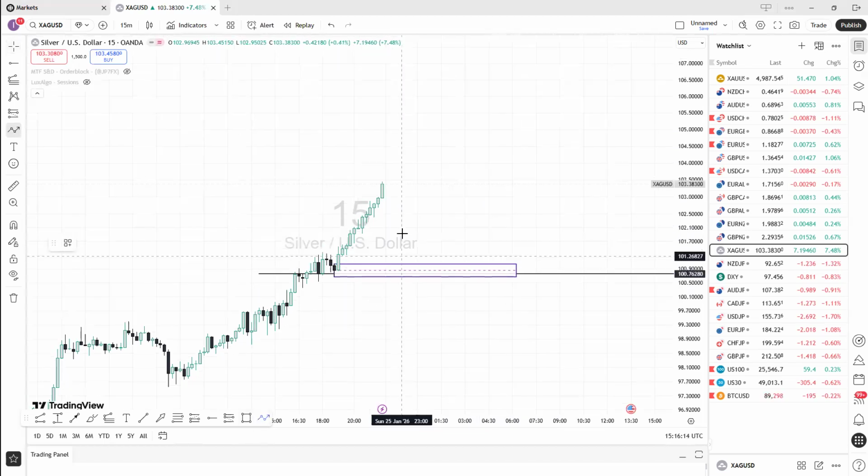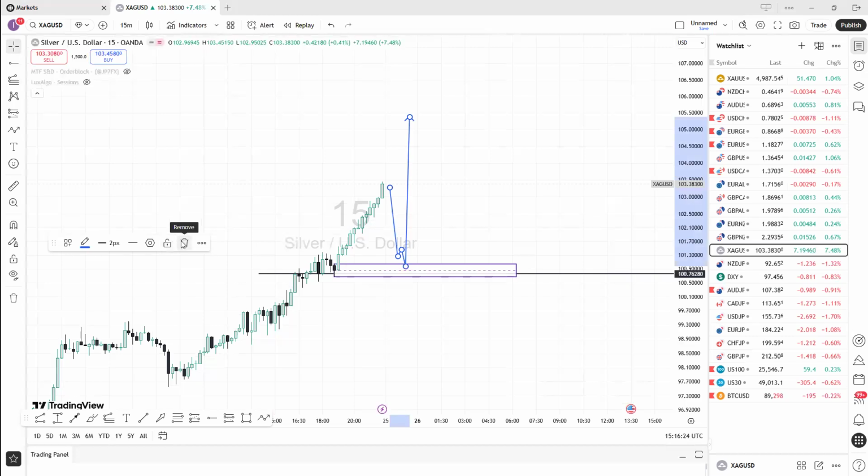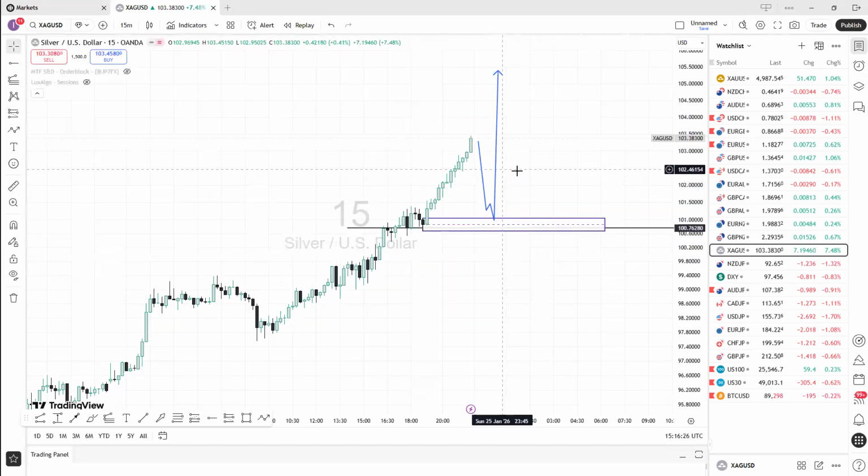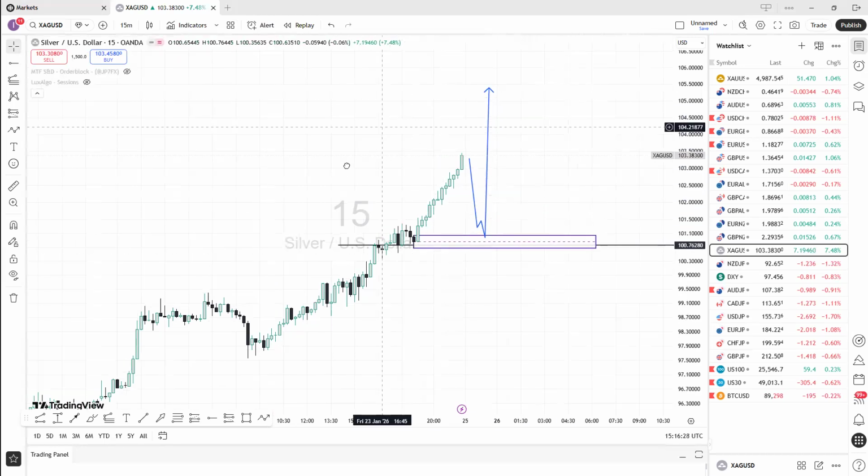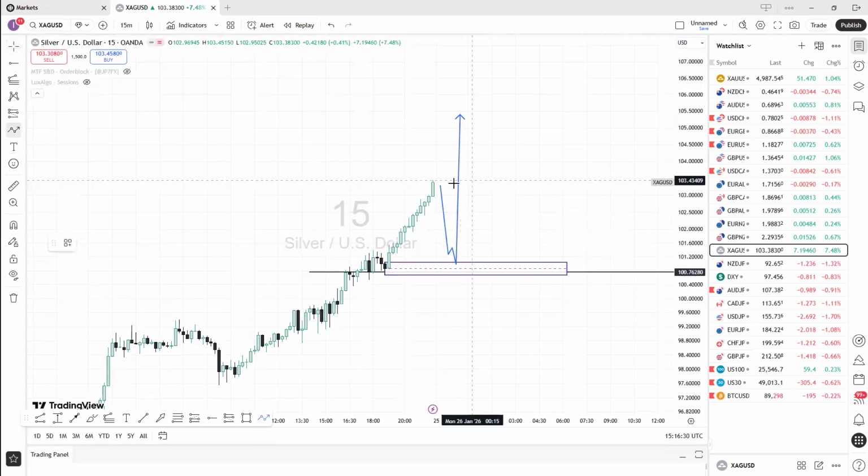So expecting it may create an aggressive pullback and then a reaction to continue the upward trend, but it has low probability for silver to create an aggressive pullback like that. Your duty is to wait for a clear formation of market structure and then enter.